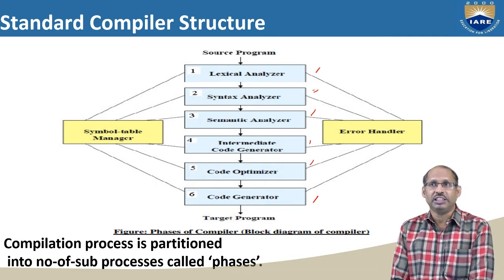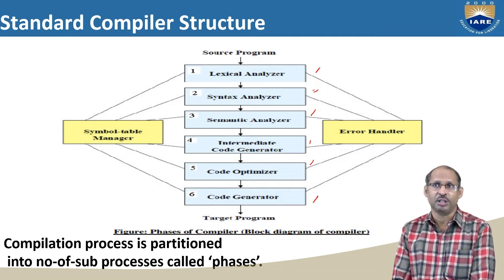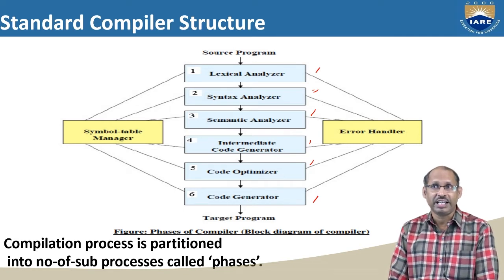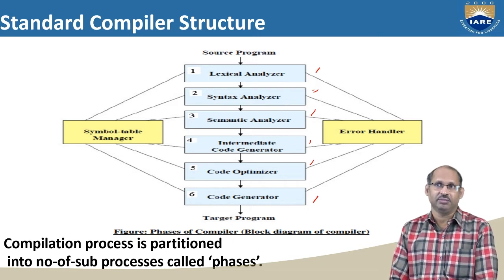The first one is lexical analyzer. First we'll discuss the diagram with the importance of each phase. This is the first phase, which takes the input of the source program. In general we write the source program with comments.